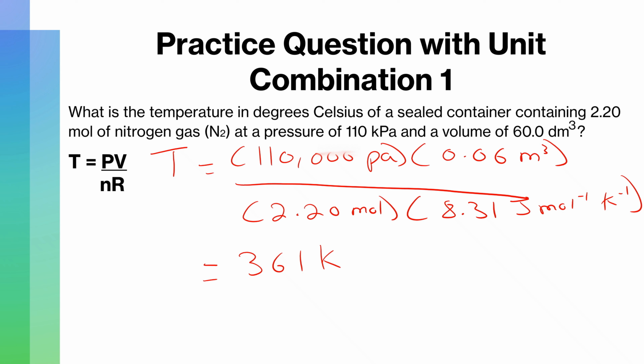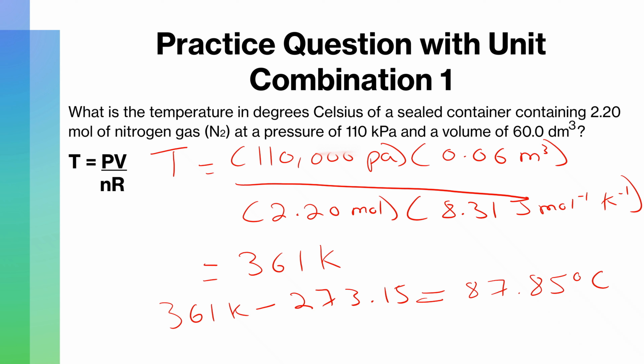Now we're going to have to convert that to degrees Celsius. So we're going to take that value, 361 Kelvin, and subtract 273.15, which is the equivalent value in Kelvin to 0 degrees Celsius. If we do that, we get the equivalent value in degrees Celsius, which is 87.85 degrees Celsius, which rounded to three significant figures is 87.9 degrees Celsius.